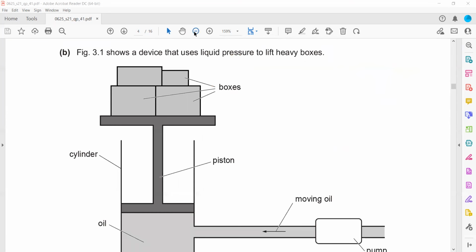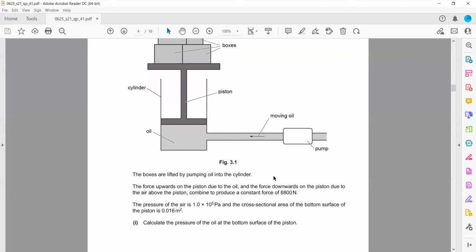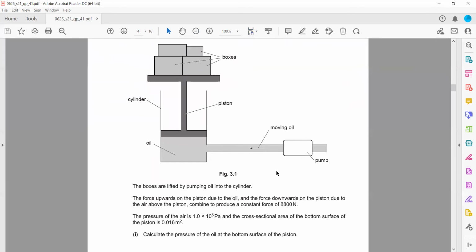Figure 3.1 shows a device that is used with liquid pressure to lift a heavy box. The box is lifted by pumping oil into a cylinder. The force upward on the piston is due to the oil.